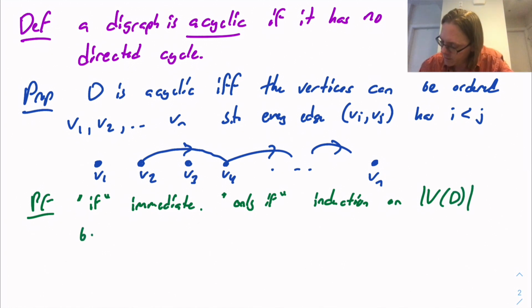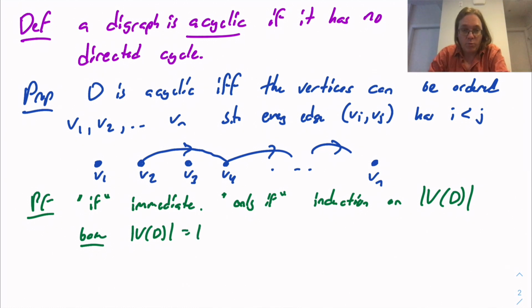As a base case, I'll say the number of vertices of D is 1. If you have one vertex, then it's very clear that this must be true. If I give you a one-vertex digraph and it's acyclic, you had better not have a loop, right?